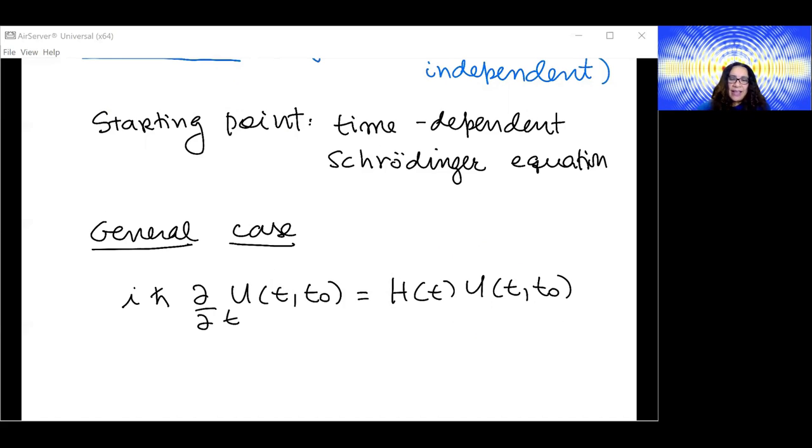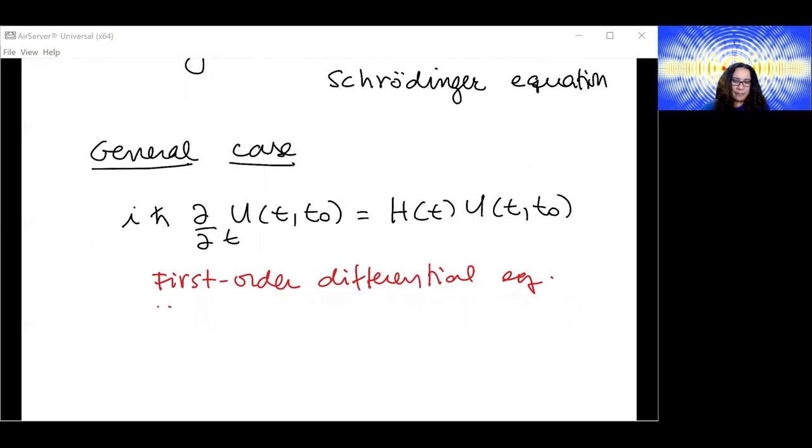This is, as we have just stated, a first order differential equation in time. So we can integrate this, right?